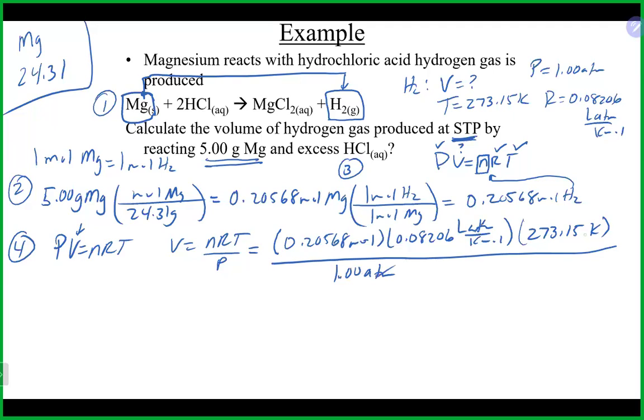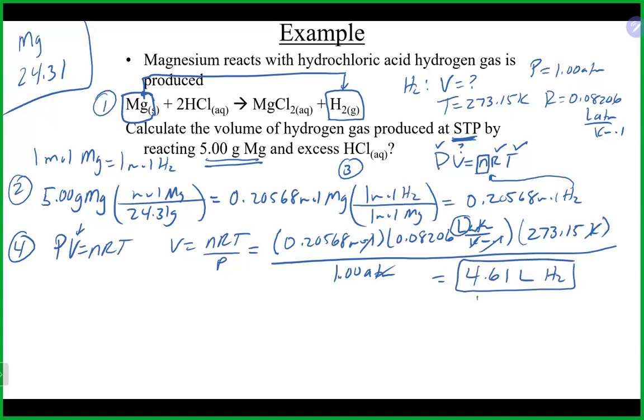Atmosphere is going to cancel, Kelvin is going to cancel, mole is going to cancel, leaving us liters as our answer. And I think we'll end up with about 4.61 liters of H2.